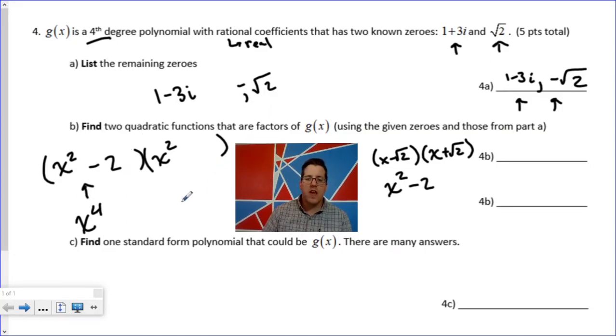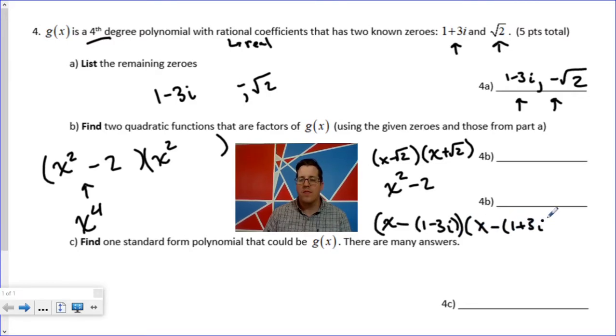So let's do the same thing, except we'll do it for x minus 1 minus 3i and x minus 1 plus 3i.